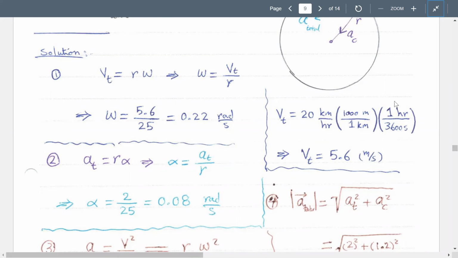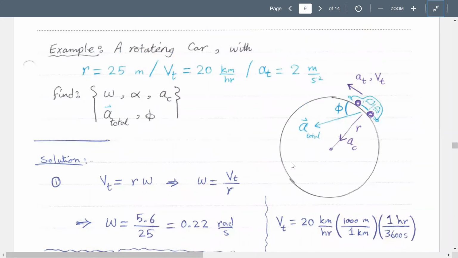This is from hour to second. Hour will cancel with hour, kilometer will cancel with meter. Each 1,000 meters is equal to 1 kilometer. Each 1 hour is equal to 3,600 seconds. Then our tangential velocity now is 5.6 meters per second. Okay.